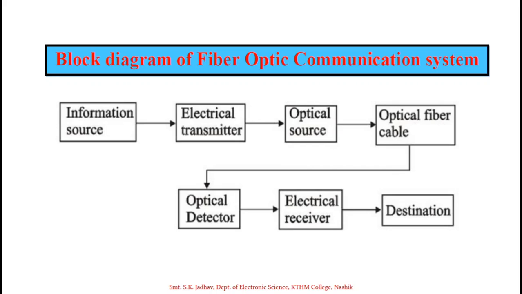The communication system therefore consists of a transmitter or modulator which is linked to the information source, the transmission medium, and a receiver or demodulator at the destination point.